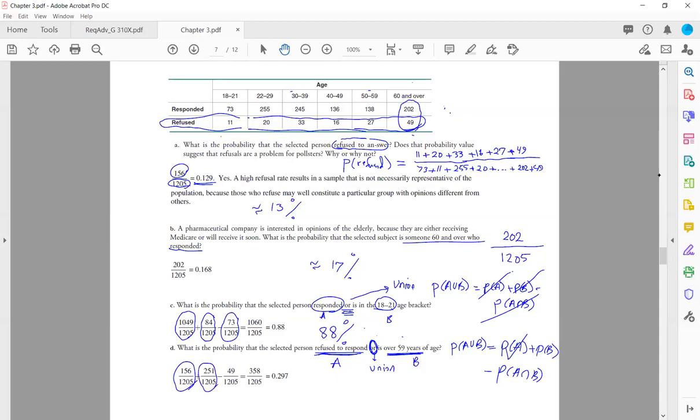The second probability, and finally, lastly, you have the intersection. As you can see, the intersection between refuse and over 59 is 49. There are 49 people who refuse to respond and they are over 59. You do the calculation, you get almost 30% of them.